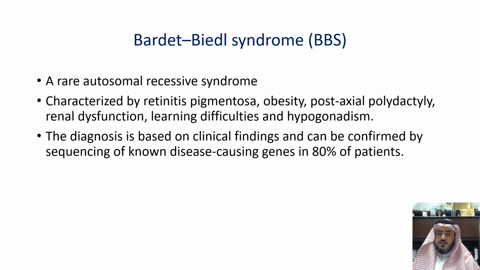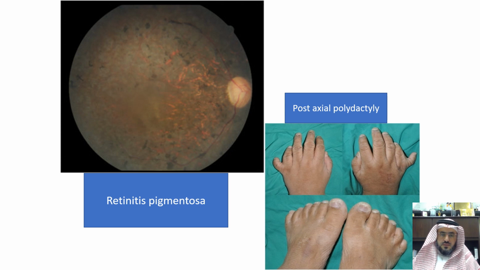Sometimes they might have renal dysfunction, learning difficulties, and hypogonadism. The diagnosis is usually clinical, but sometimes we confirm it by genetic testing. This is what the retina looks like in retinitis pigmentosa, and on the right side of the slide, the post-axial polydactyly, whether in the hands or in the feet.